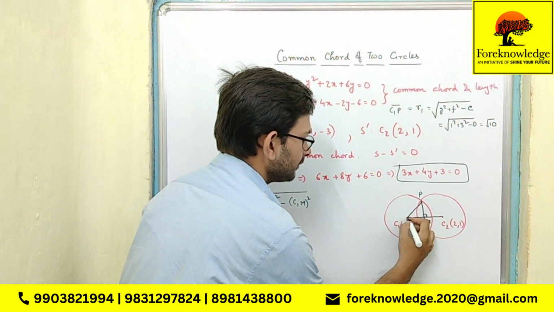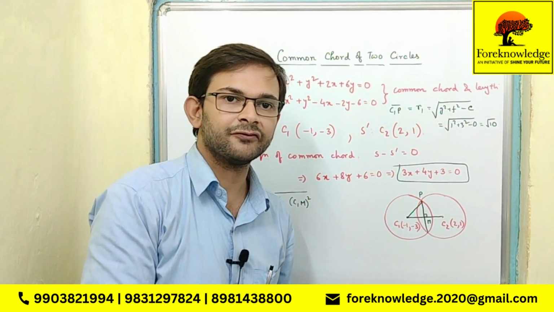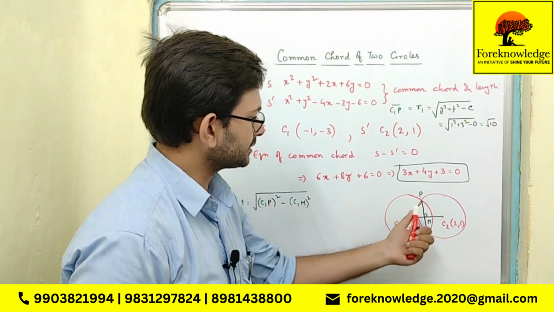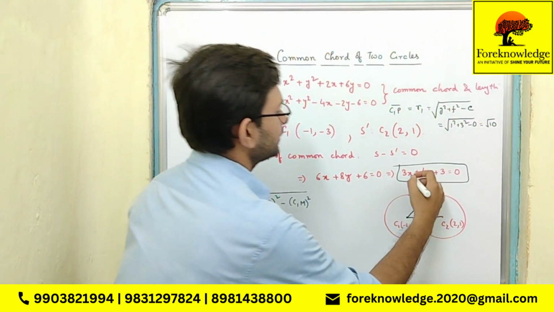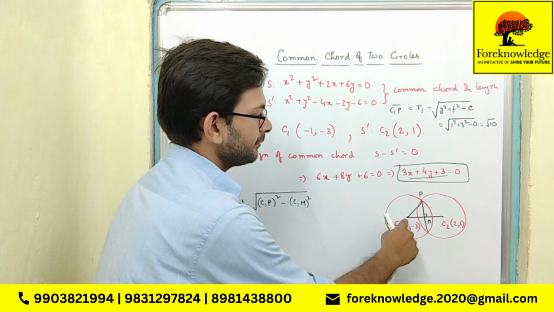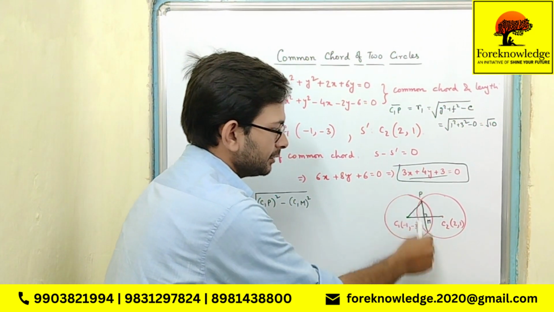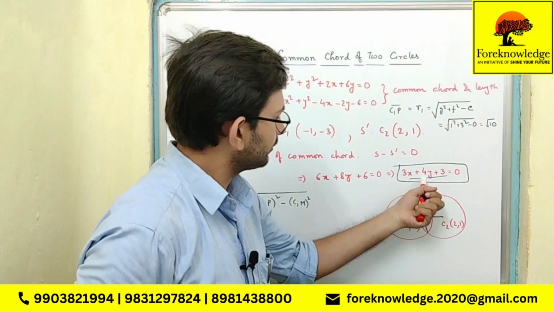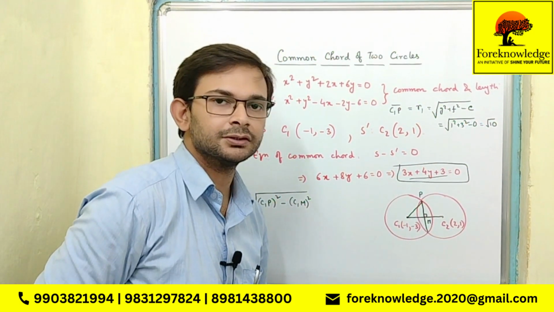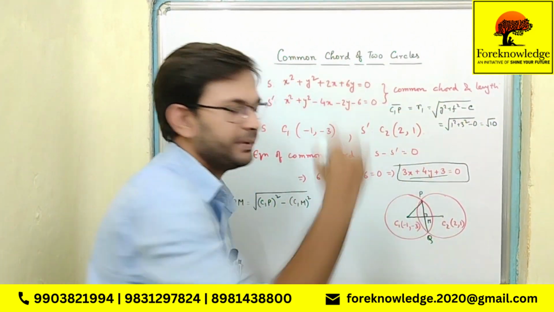And how do we calculate C1M? C1M is nothing but, from the external point minus 1, minus 3, we are finding the distance to the straight line 3x plus 4y plus 3 equal to 0, because this straight line is nothing but this PQ.